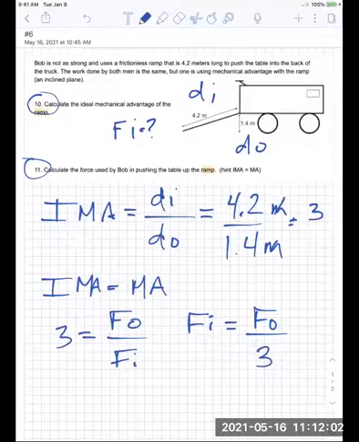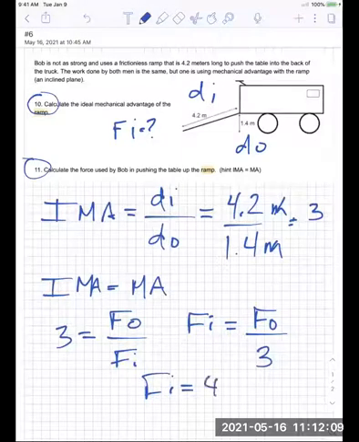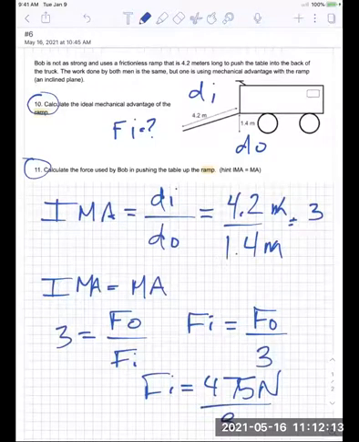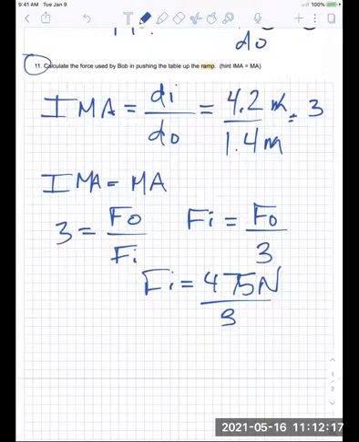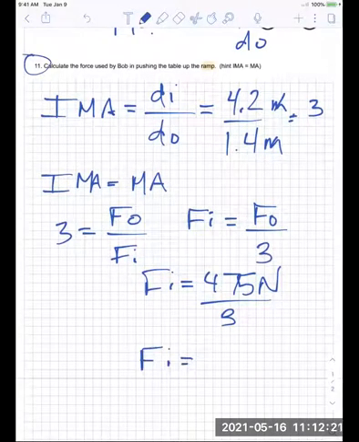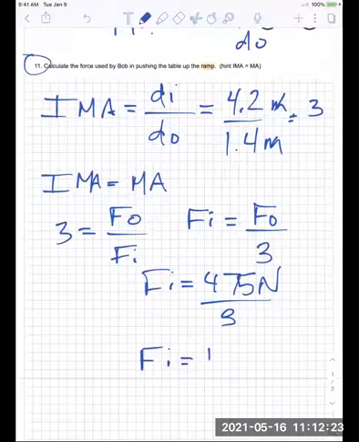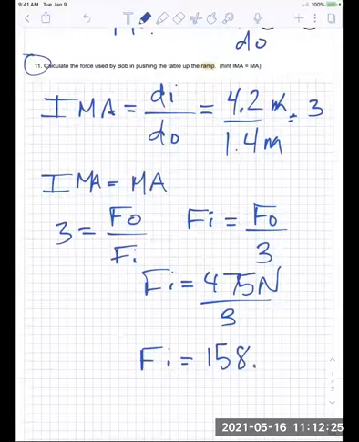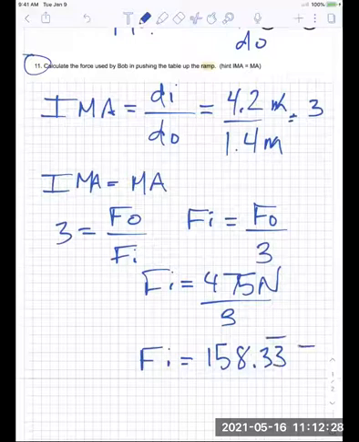If I can find it on my paper, there it is, 475. So I end up with Fi is equal to 475 newtons over 3. And when I do the division, 475 divided by 3 is going to give me 158.33 joules. Is my final answer.